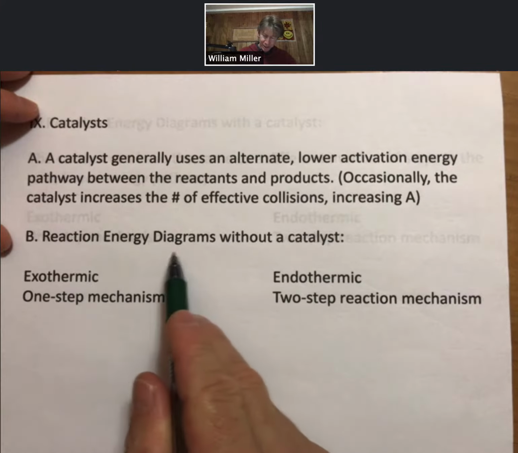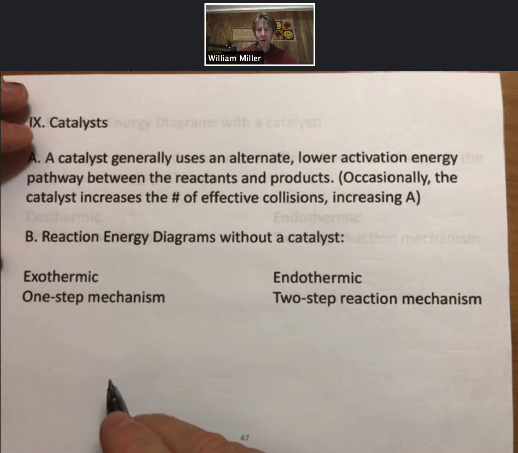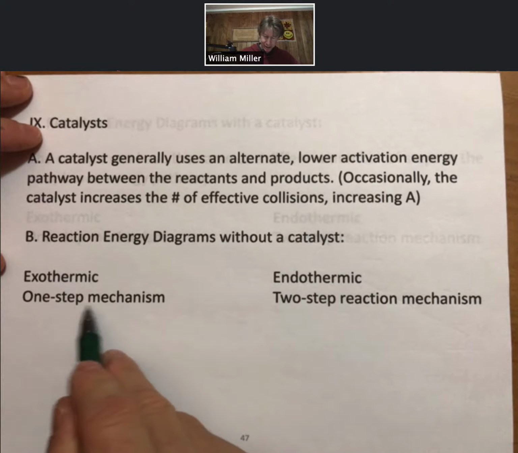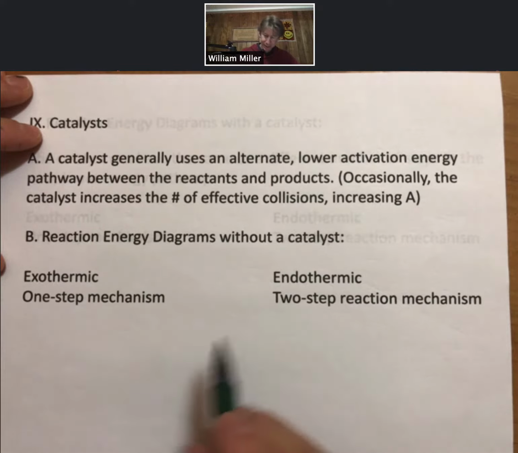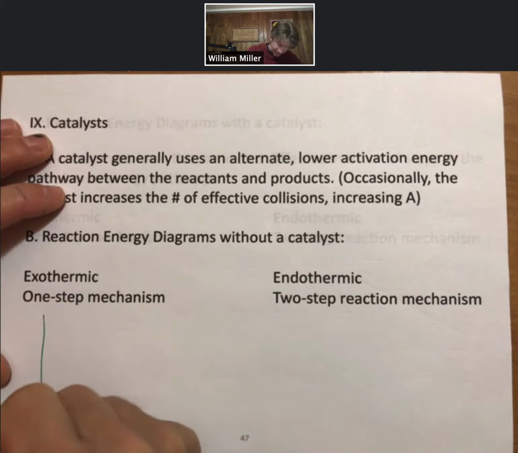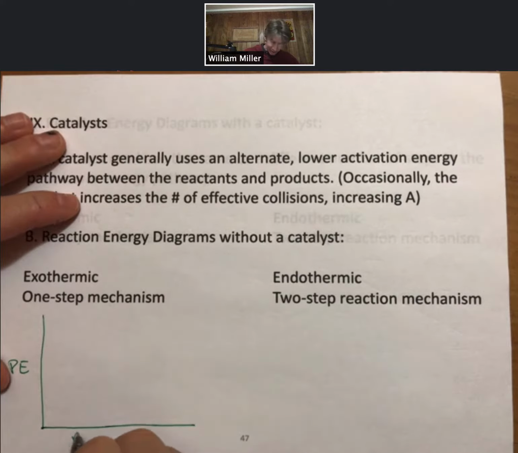So here's some reaction energy diagrams without a catalyst. Let's say we have an exothermic reaction, and I'm going to mention the mechanisms here, and we can say more about this if you'd like, just let me know. So a reaction energy diagram has potential energy on the y-axis and reaction progress on the x-axis.